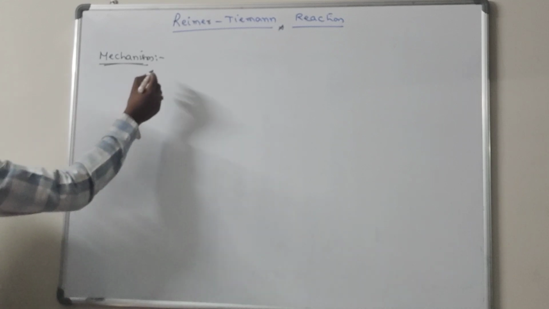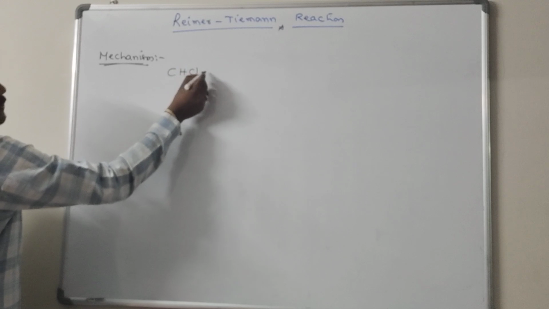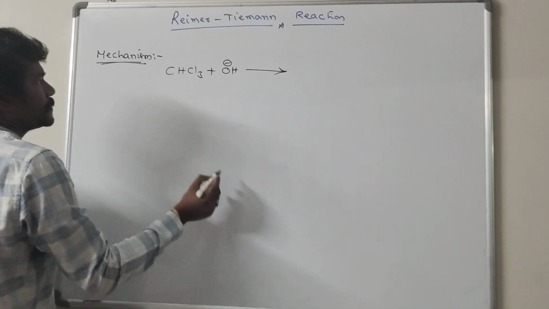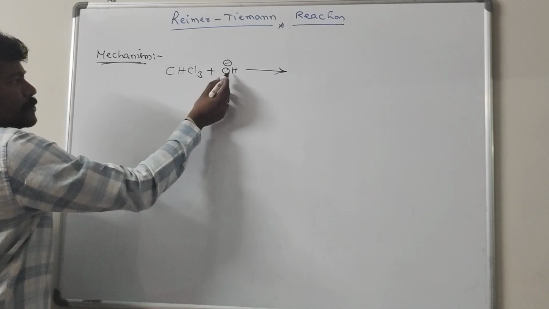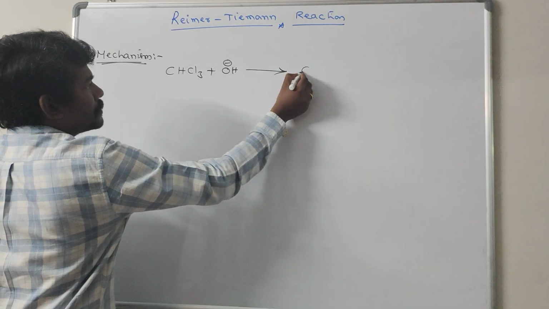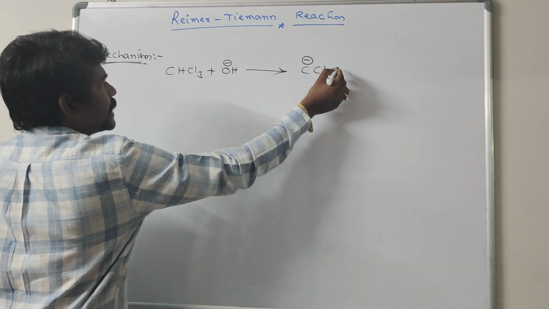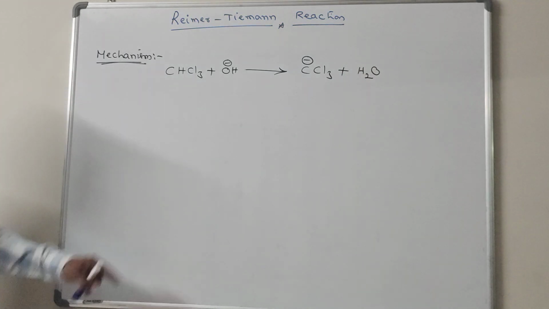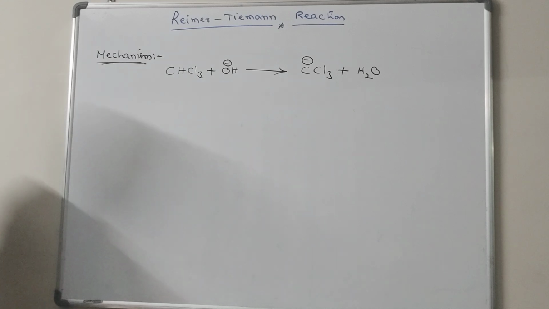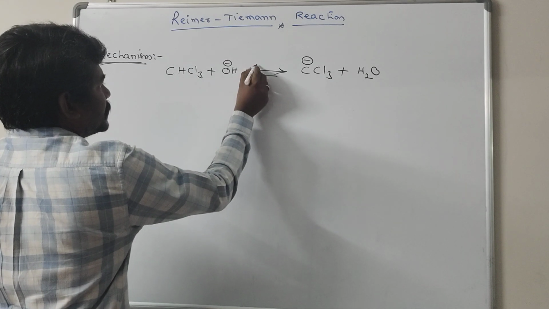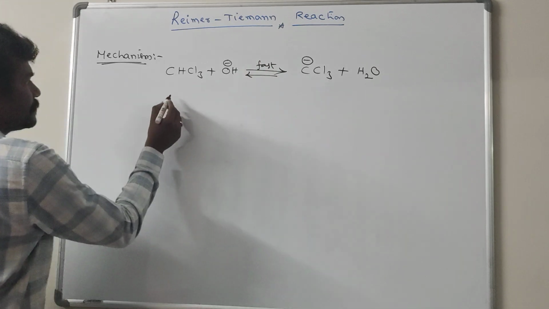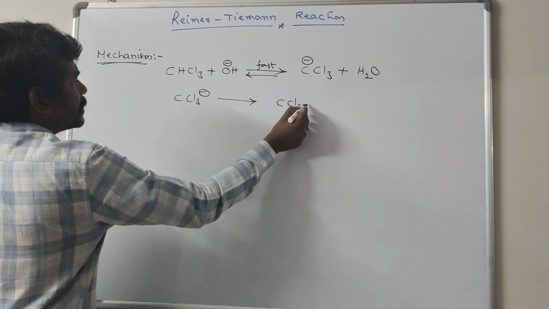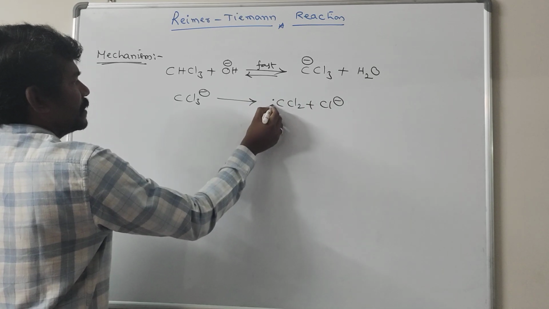Alkaline chloroform, CHCl3 plus OH minus, gives H plus and CCl3 minus, then CCl3 minus plus H2O. This is a fast reaction. The CCl3 minus decomposes into CCl2 and releases one Cl minus ion.